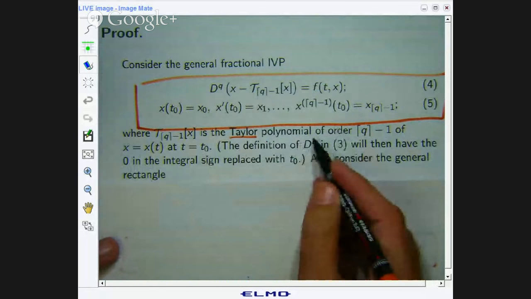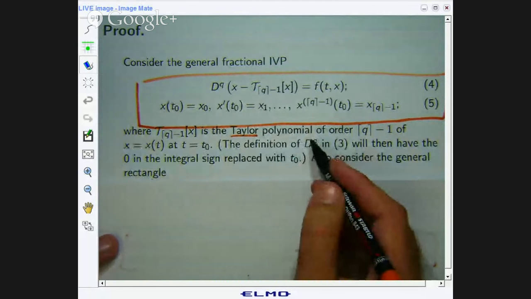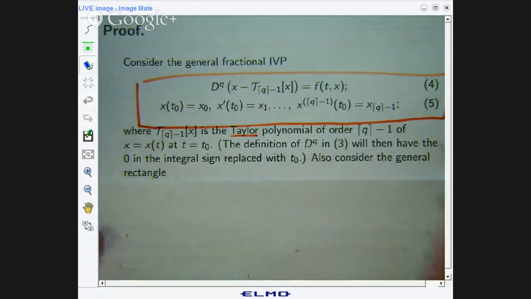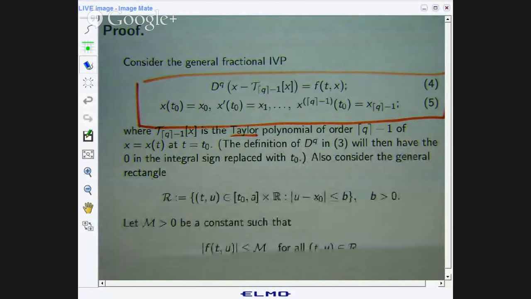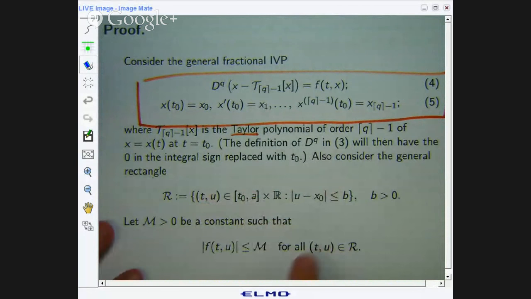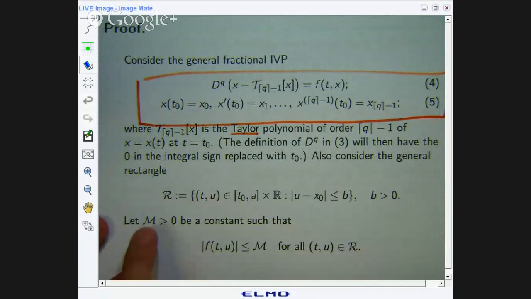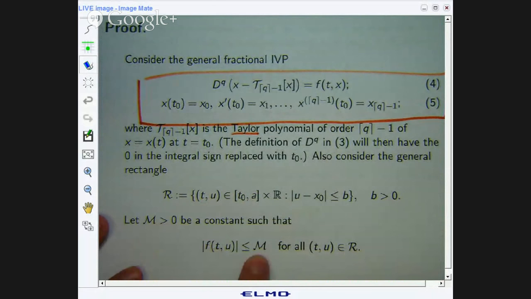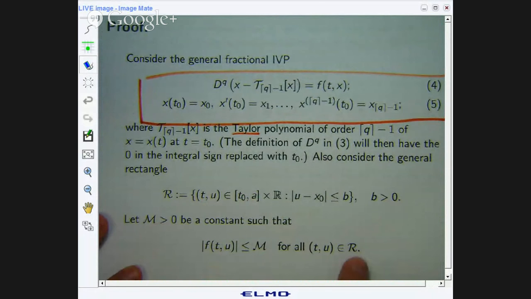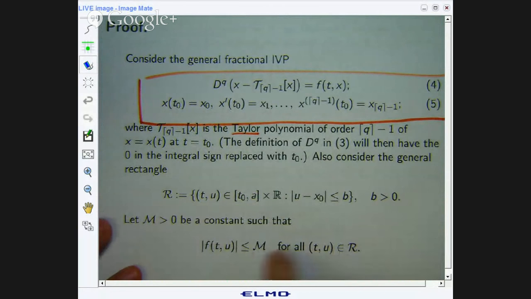You just appropriately modify the problem in 3, as I've said down here. So you form a general rectangle similar to what I had before, and this capital M now is the bound of f on that rectangle. We know, because f is continuous, that this bound exists.